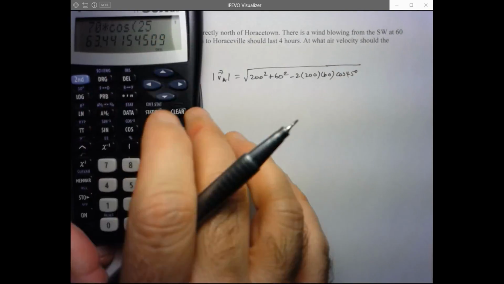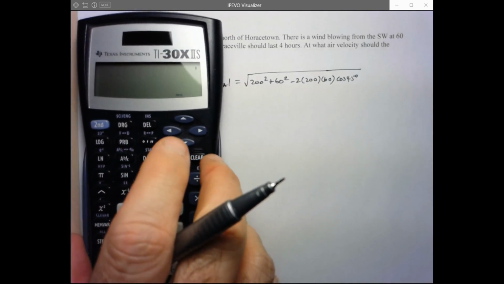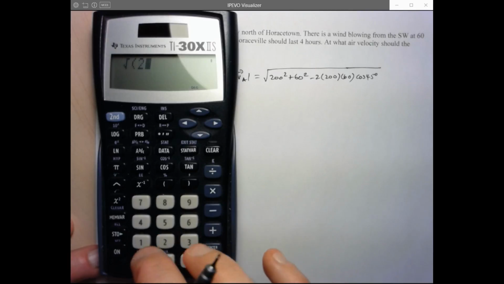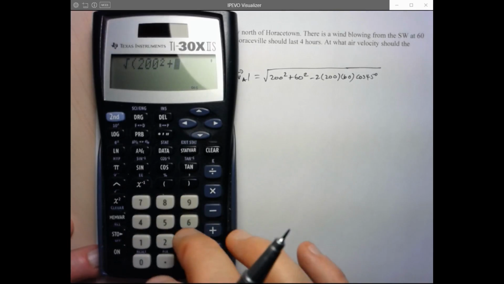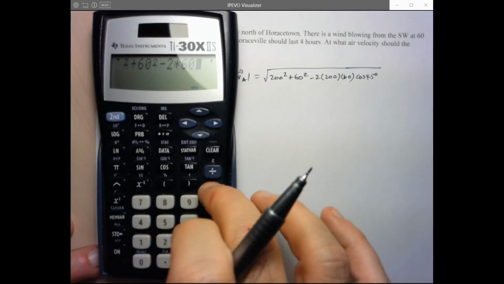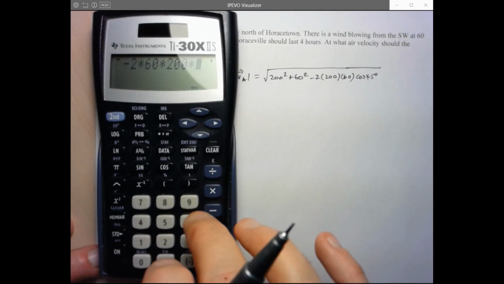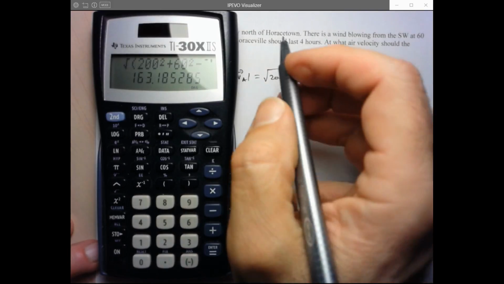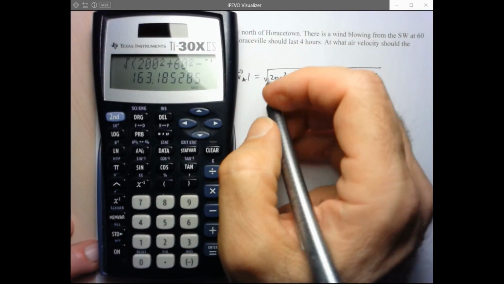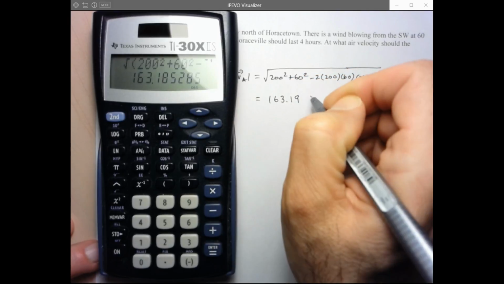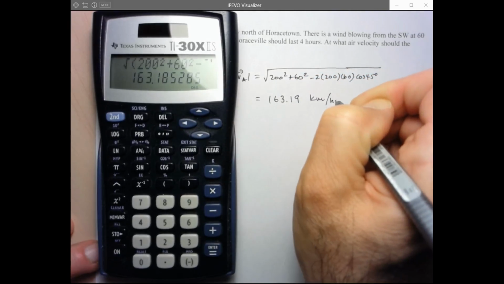All right, let's calculate that. That gives us 163.19 kilometers per hour.